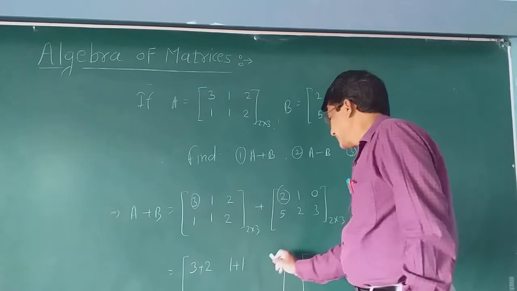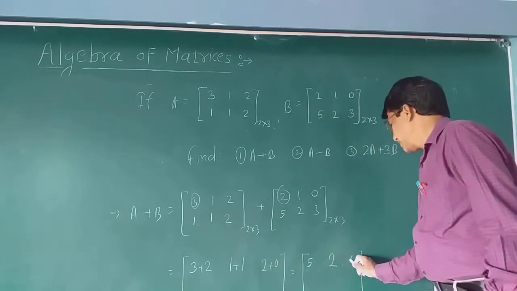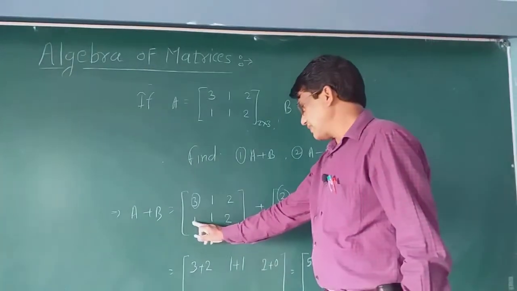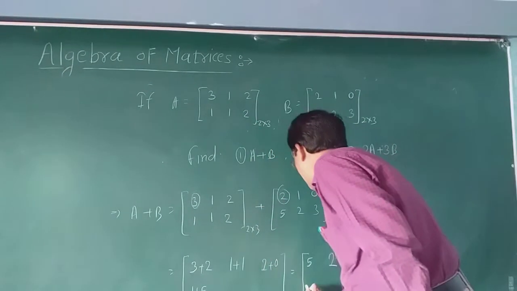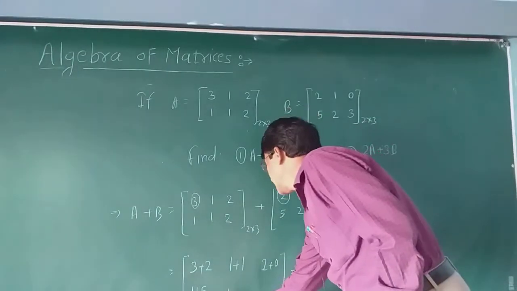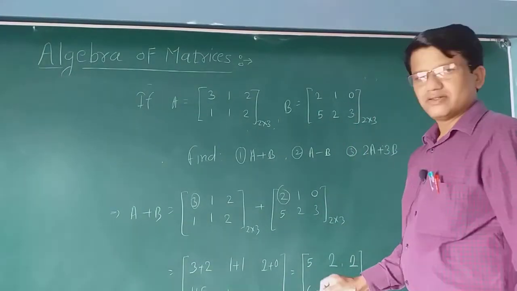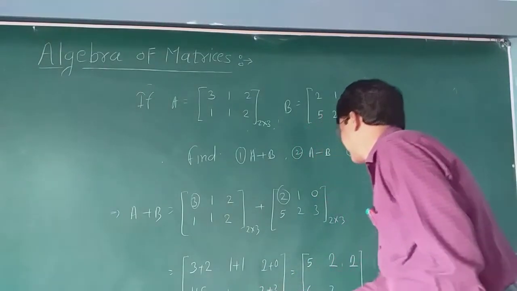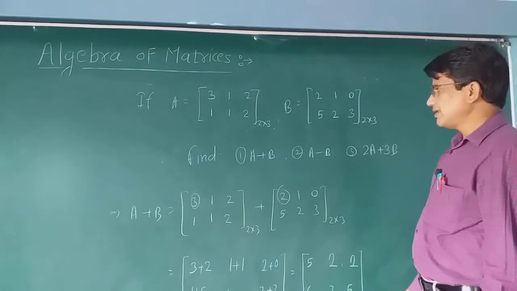Here 2 plus 0, answer is 2. Correct. Second row: 1 plus 5, 6. After that 1 plus 2, answer is 3. Then 2 plus 3, answer is 5. This is about the addition of the two matrices.